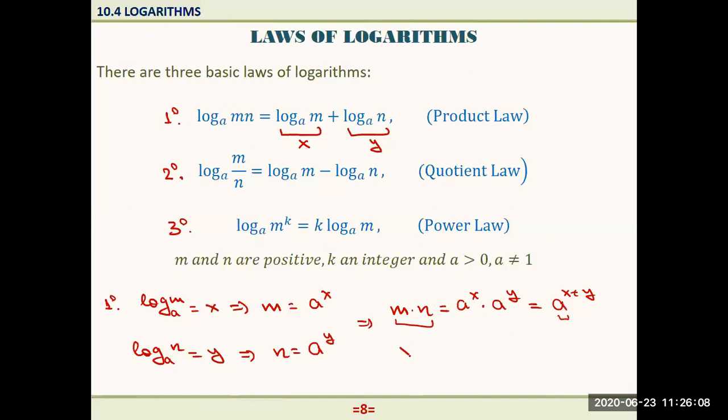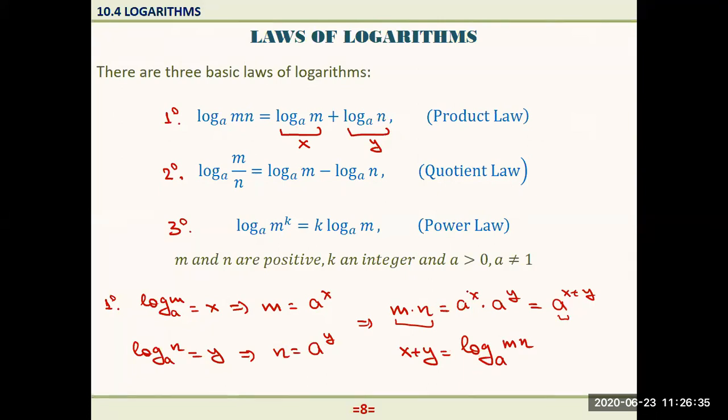So x plus y is equal to logarithm of mn to the base a. Now x equals this, y equals this. On the right hand side we have logarithm of mn to the base a.